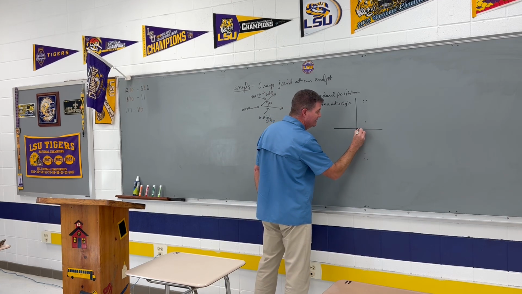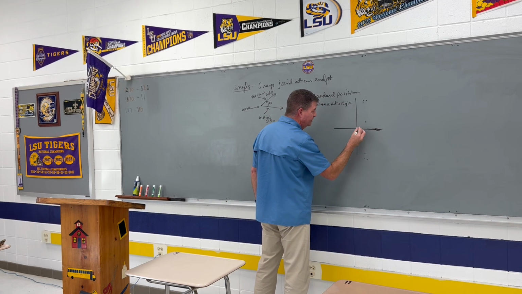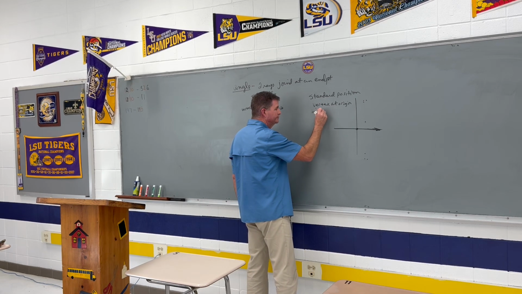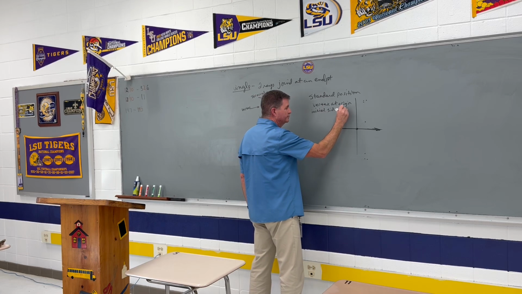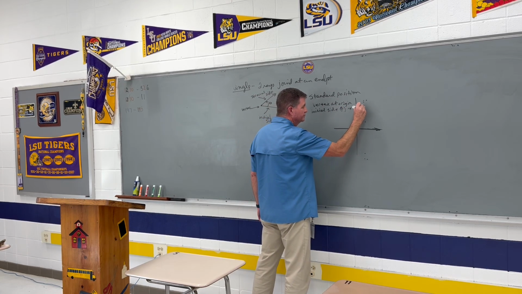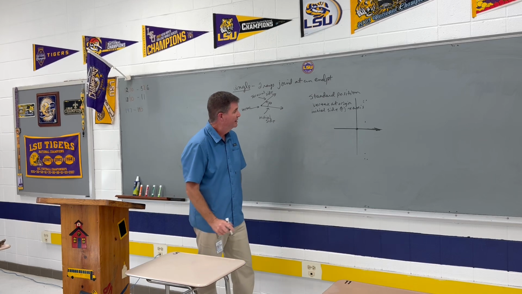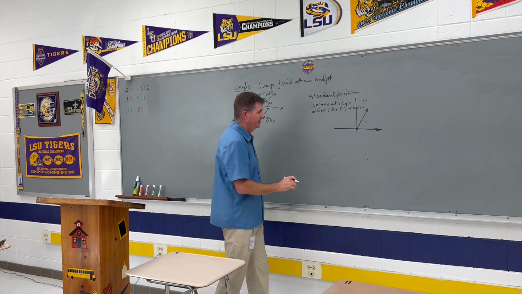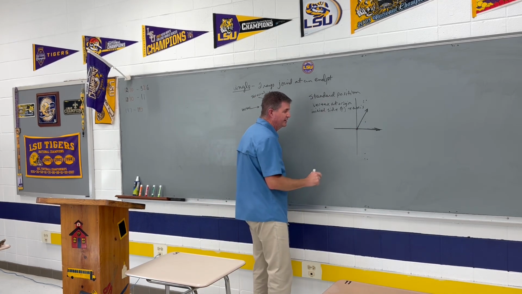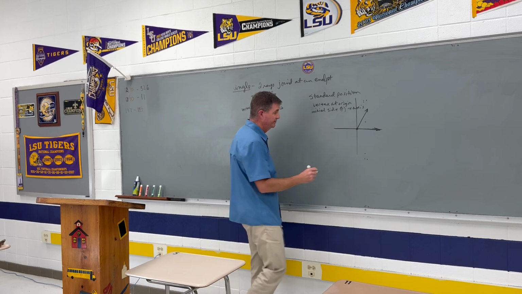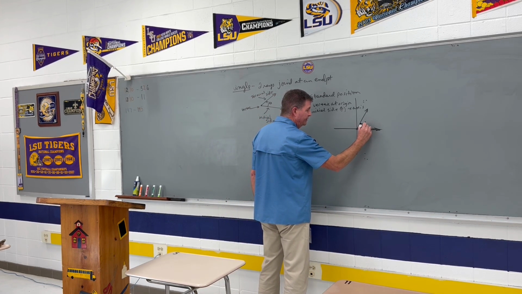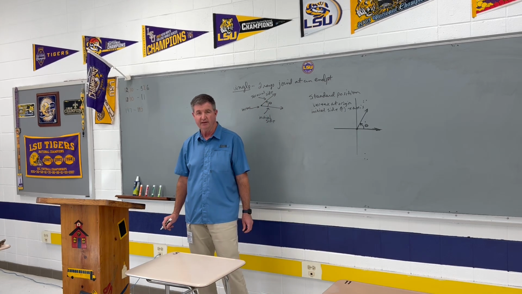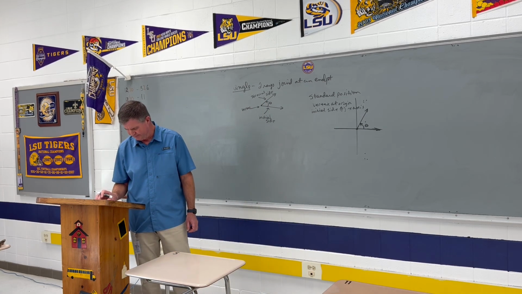And the initial side is always going to be the positive x-axis. The terminal side can be anywhere else, but the initial side has to be the positive x-axis and the vertex has to be at the origin. We can then write the angle symbol, which in this case is theta, and that would be an example of an angle that's in standard position.